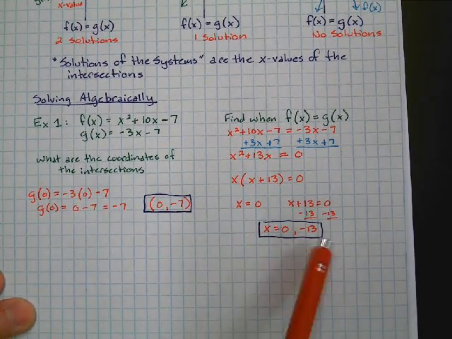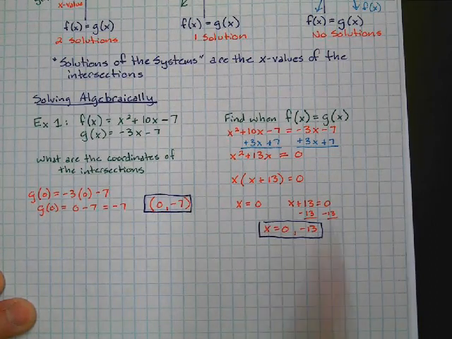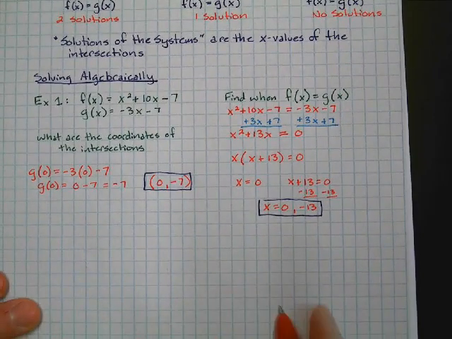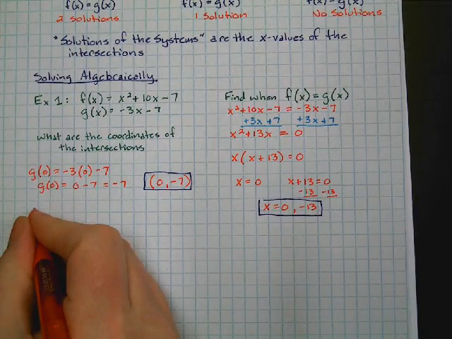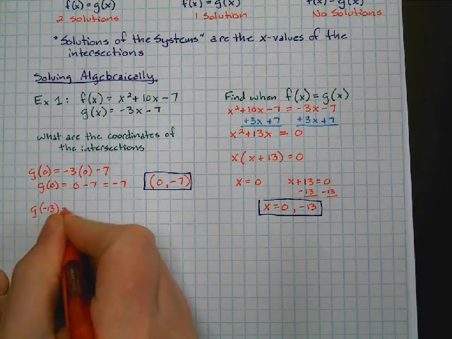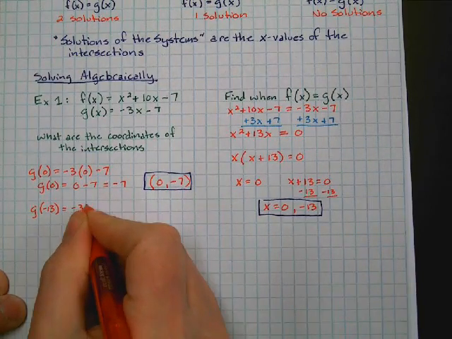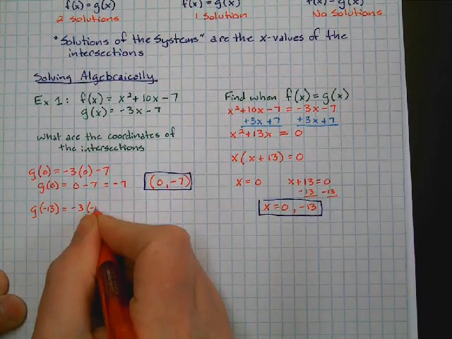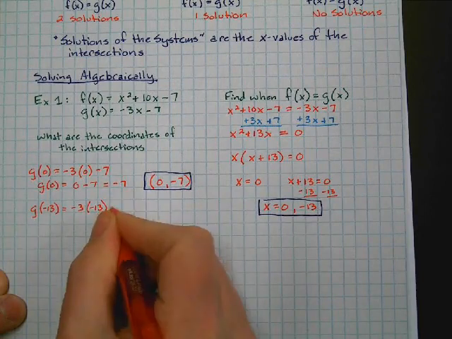For the other one, we're going to plug in negative 13 to find the coordinate of the intersection. So I'm going to do g of negative 13. I do negative 3 times negative 13 minus 7.